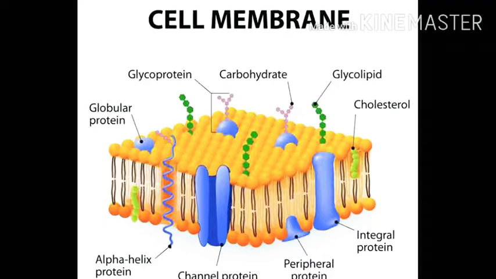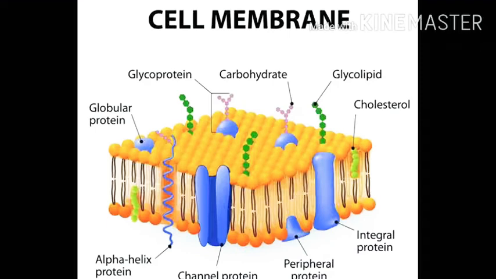So it is very important to remember, whenever you are going through these biological processes or studying the cells, that these two things, diffusion and osmosis, play a vital role. So always remember it.